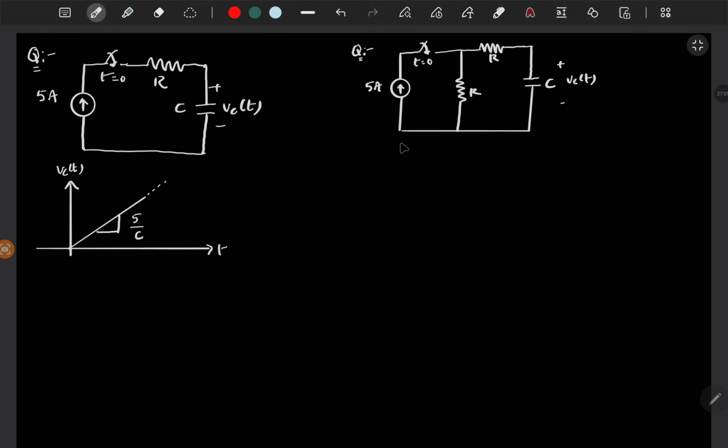And for this circuit, so these two circuits are different. Here you are directly pumping a constant current through a capacitor, but here you are not.